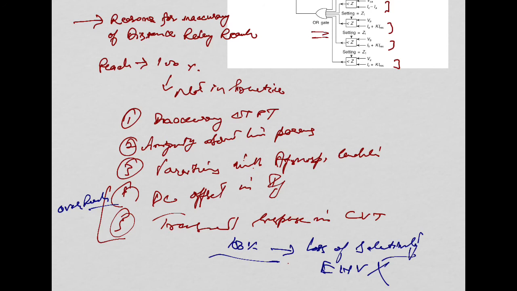So it is usual practice to set the reach of the distance relay to about 80 to 90% of the line section.